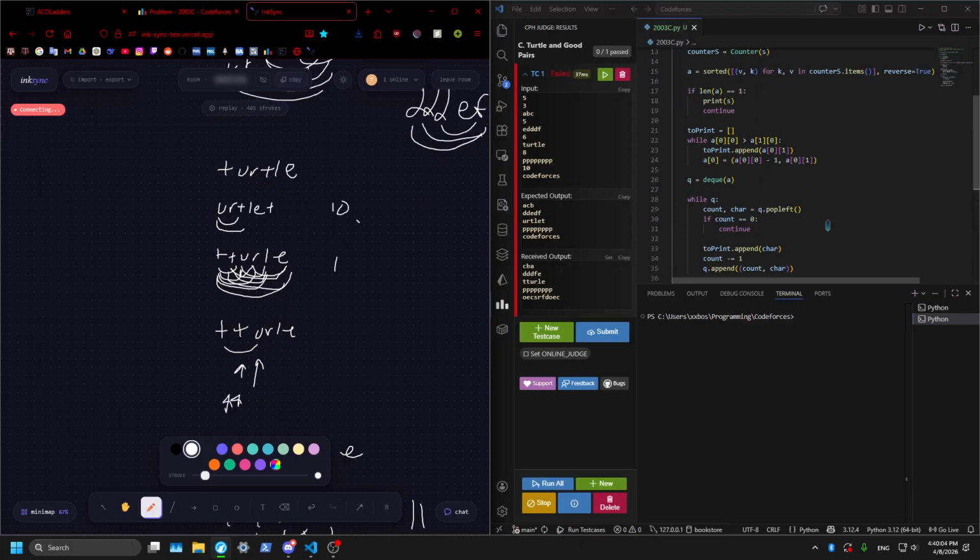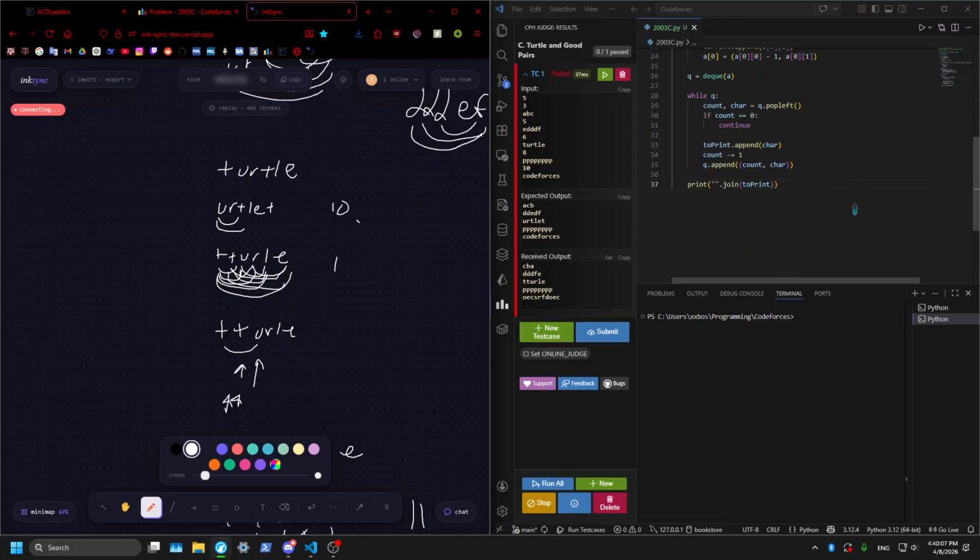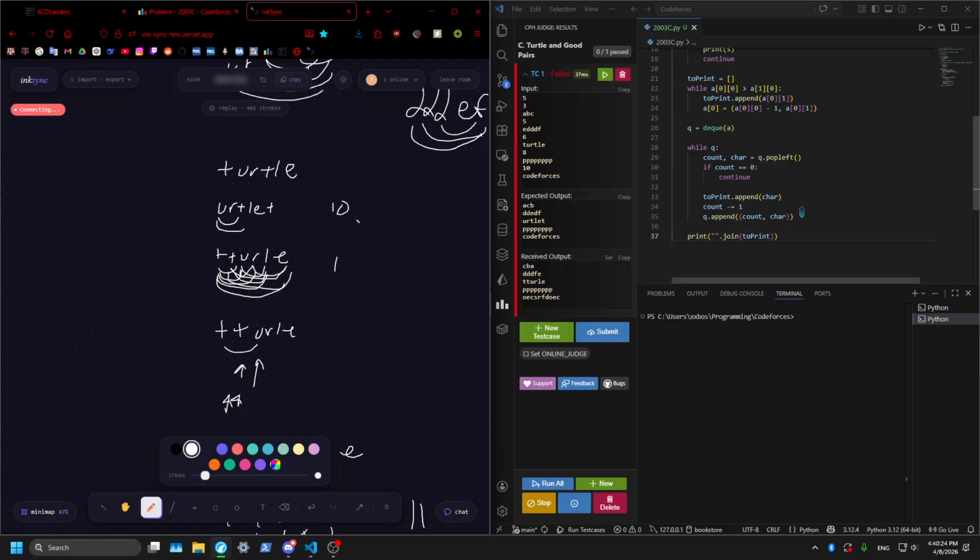But I think the logic is right. I think turtle specifically, because T is the most, and then yeah, I think this is doing exactly what I want it to. I just don't know. I can't prove that it's right. DDDFE. This is correct. Codeforces. This is correct. Right.